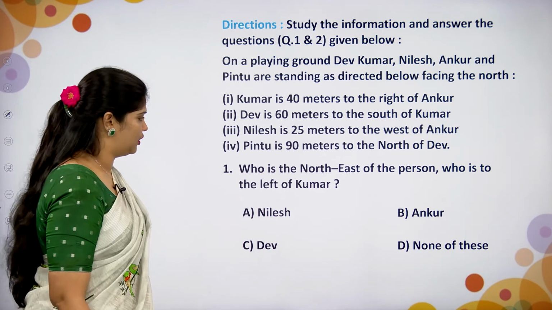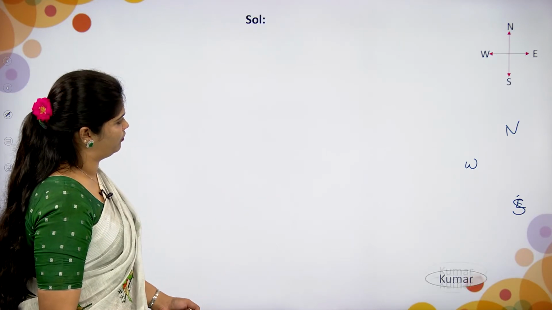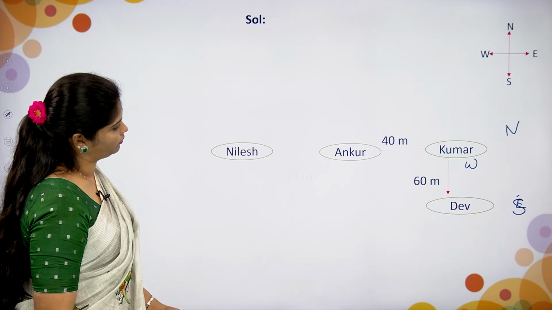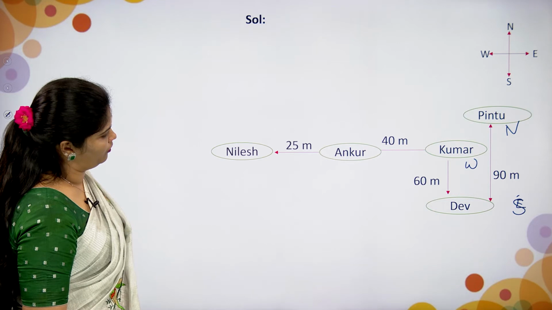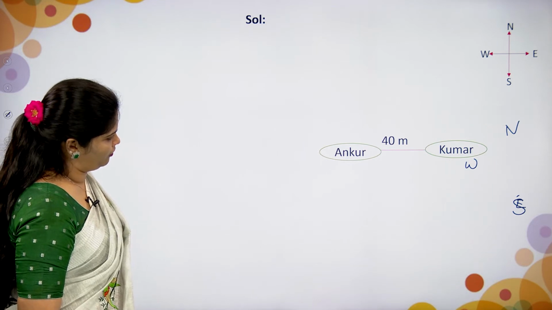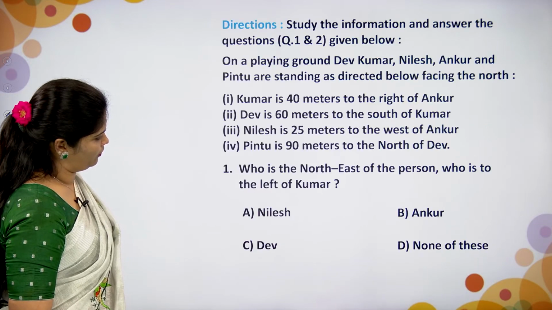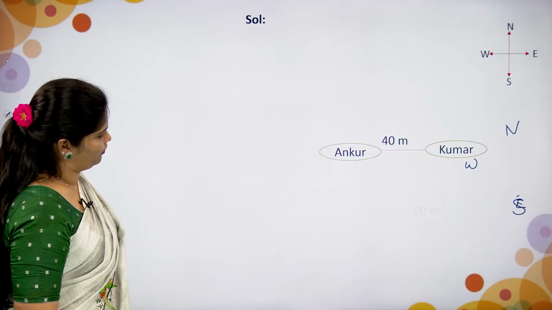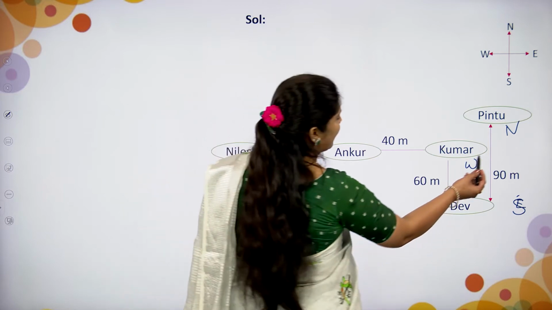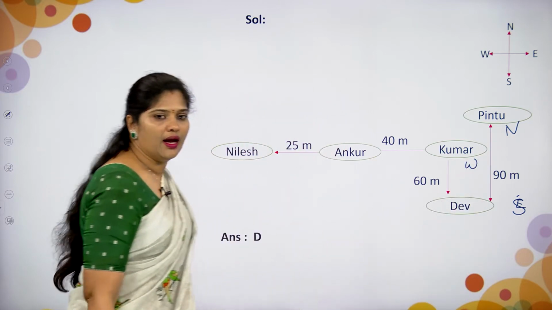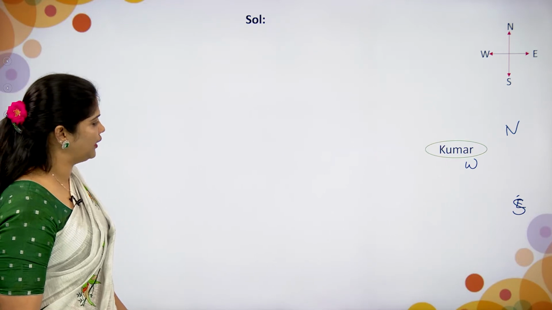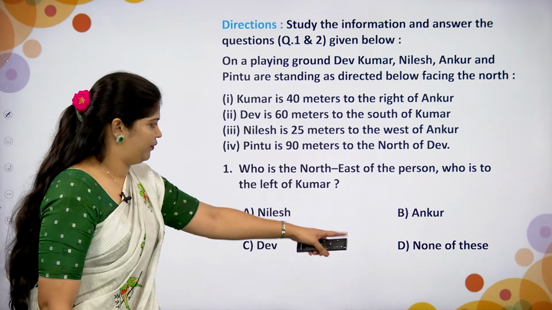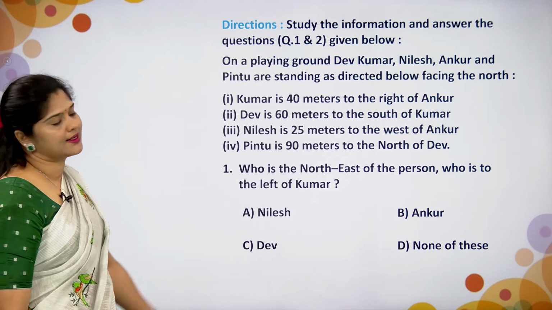Northeast of Kumar is Pintu. Okay, answer is Pintu. So, now in options Pintu is not there. So, none of these. Option D is the correct answer.